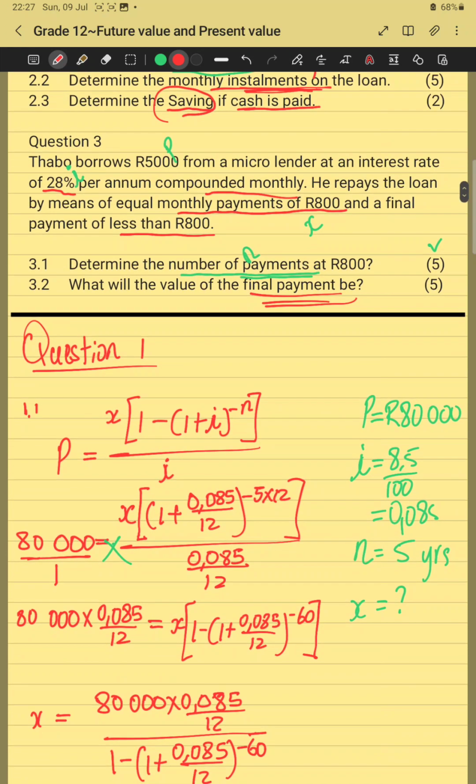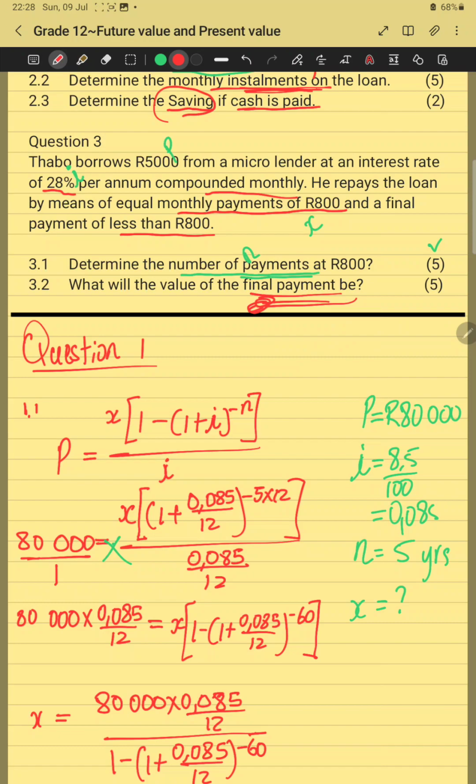You cannot calculate the value of the final payment straight away. You first have to calculate the amount outstanding after the 6th payment. So in order for us to get the final payment, we need to get what? The outstanding for 6 payments.